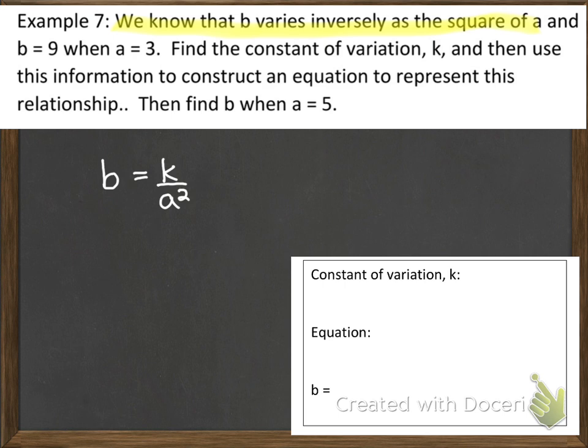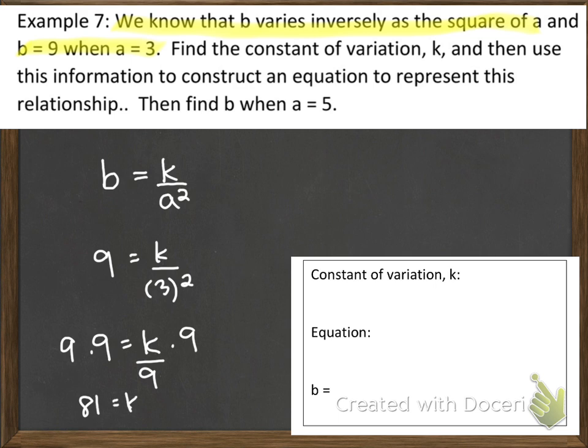The second bit of information I need to use is that when b is 9, then a is 3. So I have 9 is equal to k over 9. How do we solve this? Well, we just multiply both sides by 9, don't we?